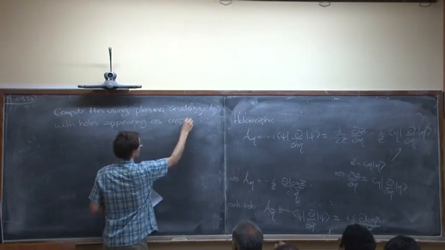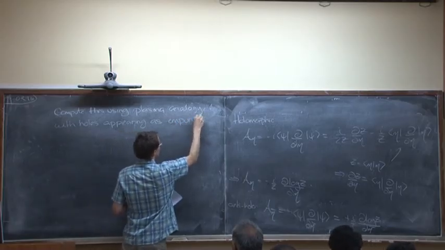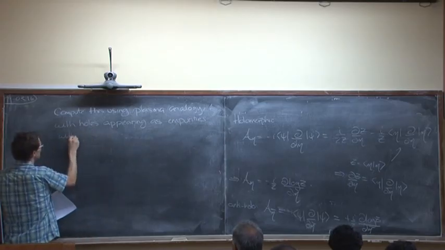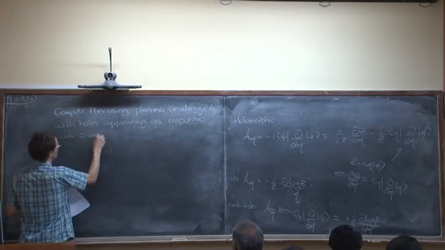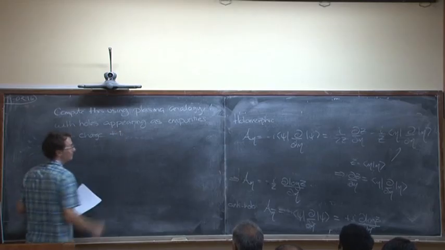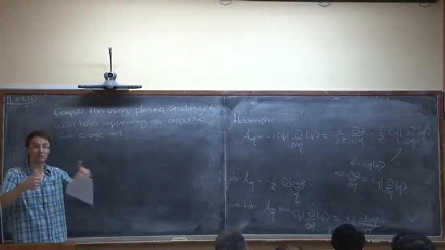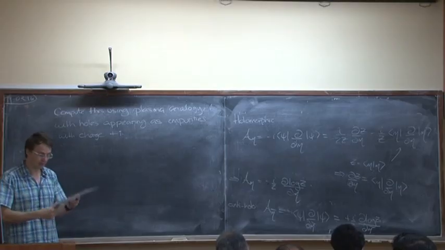They're impurities because these are not dynamical. The positions of the holes are something which is fixed and under our control, with charge plus, as opposed to the electrons, which were mobile particles in the plasma with charge minus.